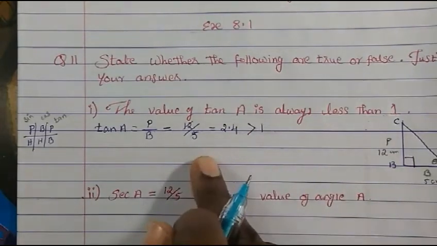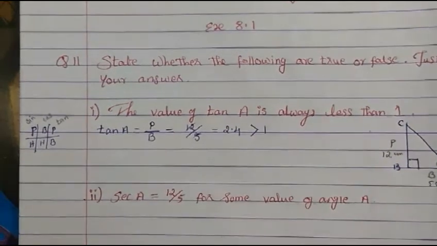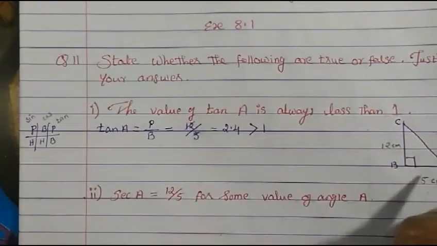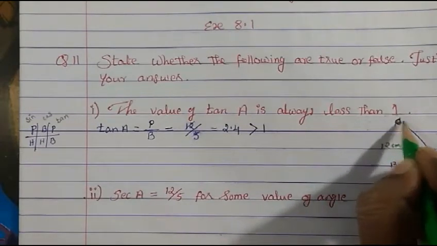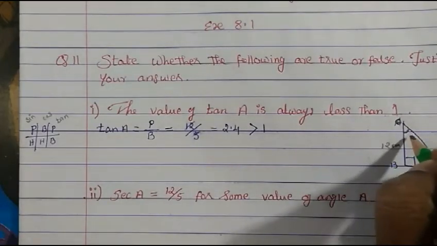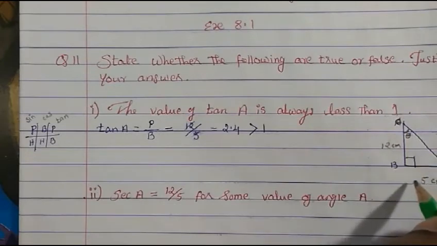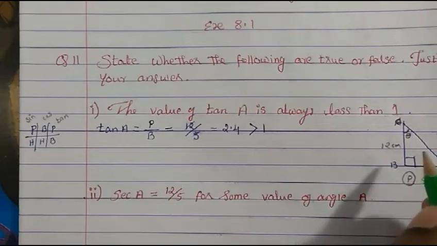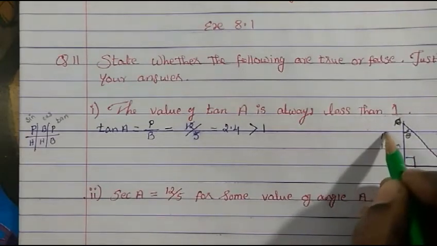So now let us check in another direction. If our A is this side, okay, I'll just clear this. So now let me take that our theta is this side. Okay, let me put A, B, C here. Now my theta is here. So if theta is here, opposite to theta becomes perpendicular and opposite to 90 degree is hypotenuse, then this becomes base.